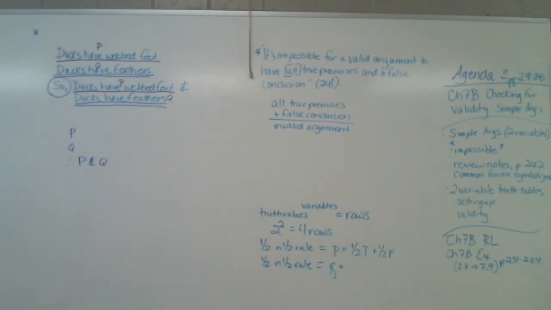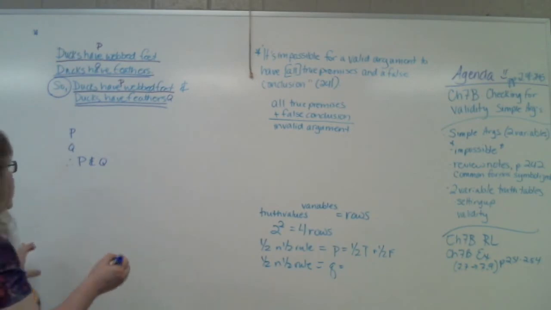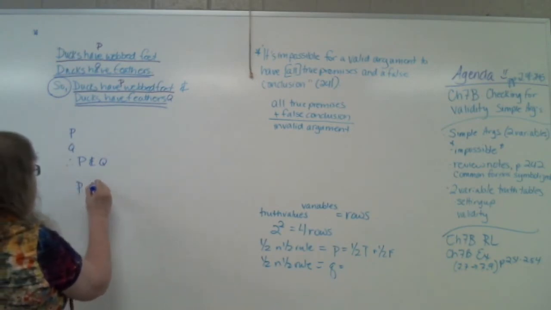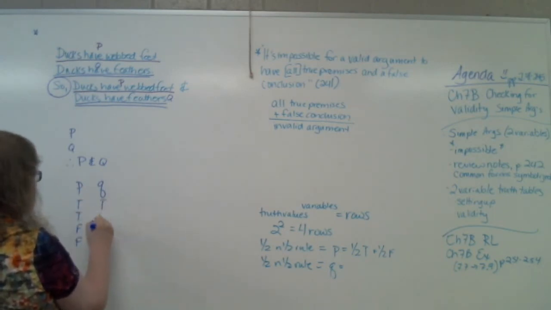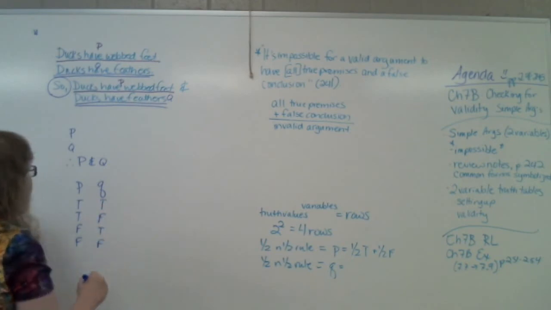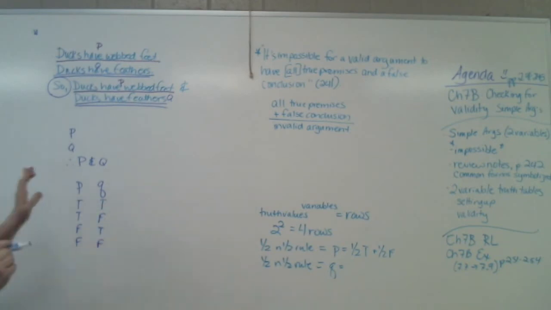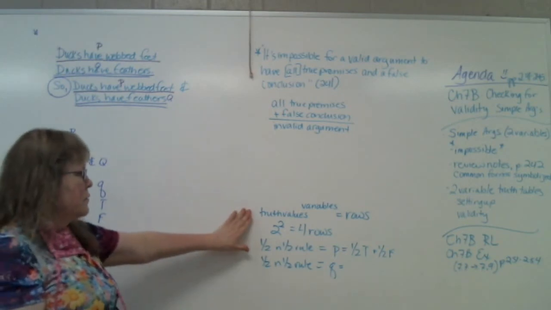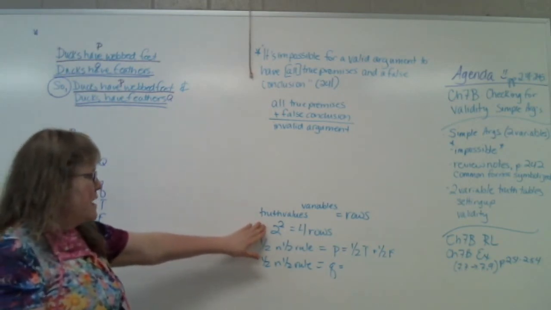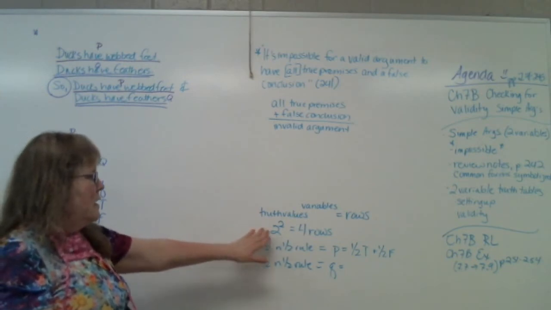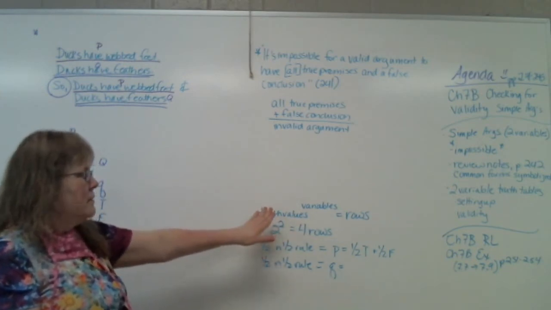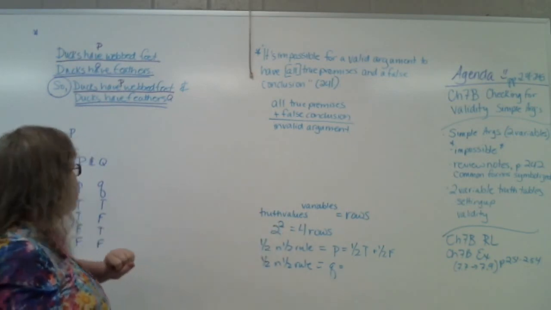Okay, that's my argument. Now, if I'm going to make a truth table, I'm always, always, always going to start with my 2 variables, P and Q. Okay? True, true, false, false, true, false, true, false. Always. Okay? And we follow our rules here, right? 2 truth values raised to the power of the 2 variables gives me 4 rows, okay?